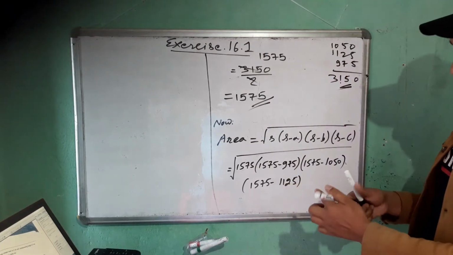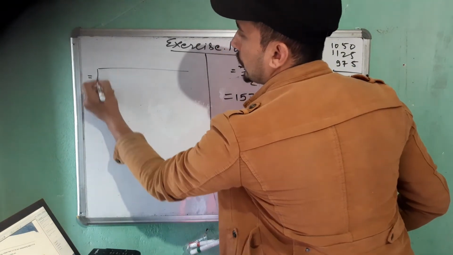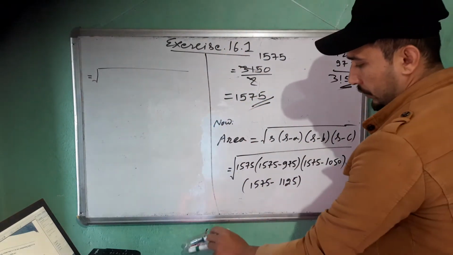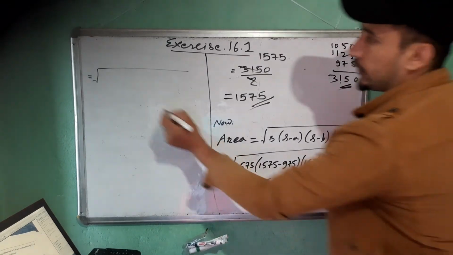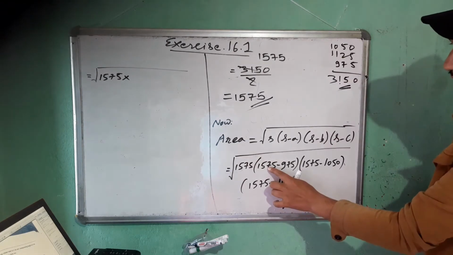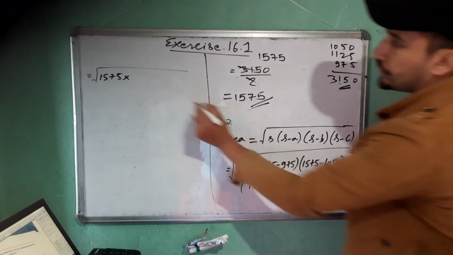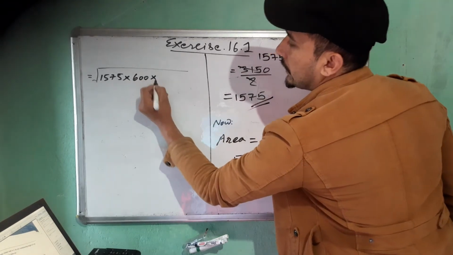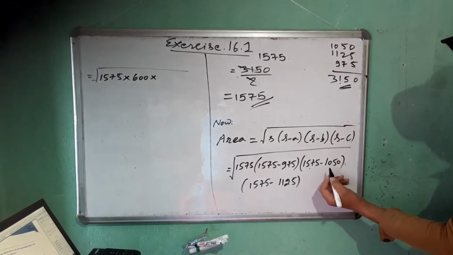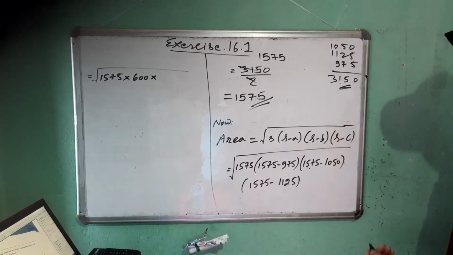If you do the simplification here, you'll get root under 1575, this value remains as it is, into 600, if you subtract this and this. Next, 1575 minus 1050 will be 525.